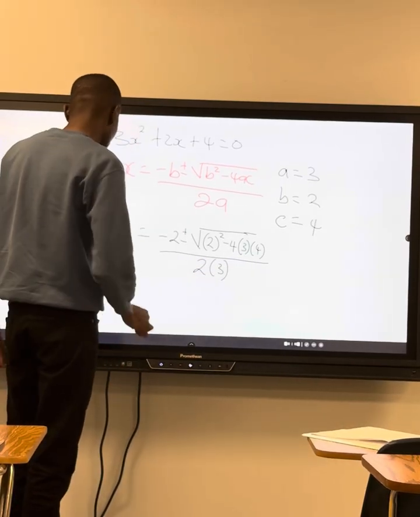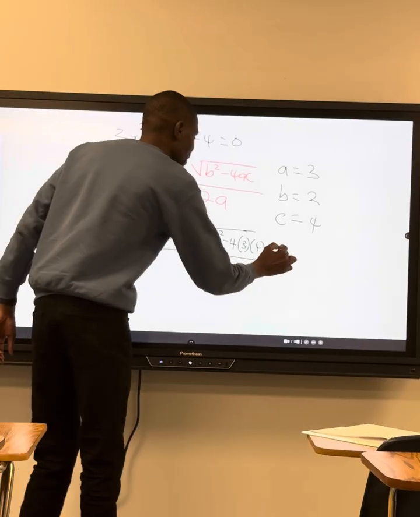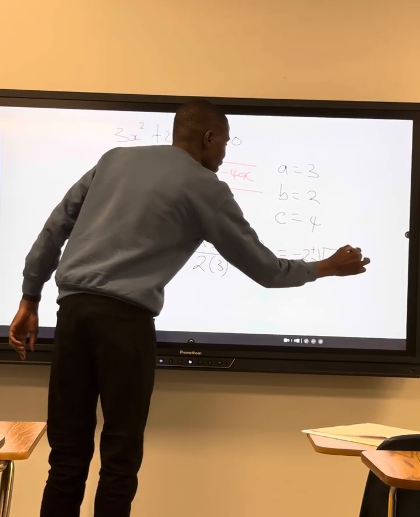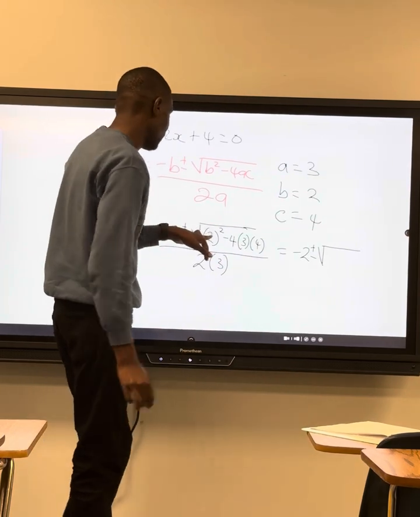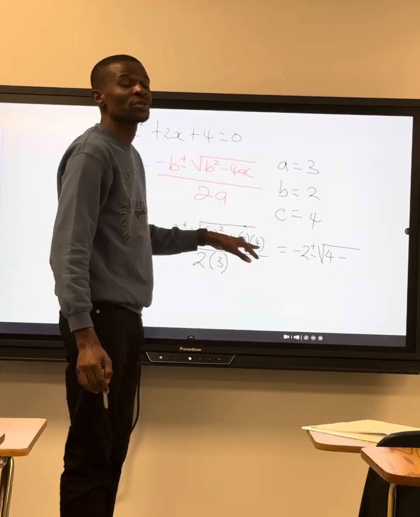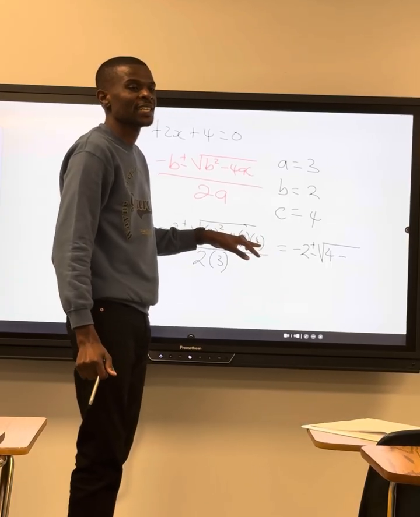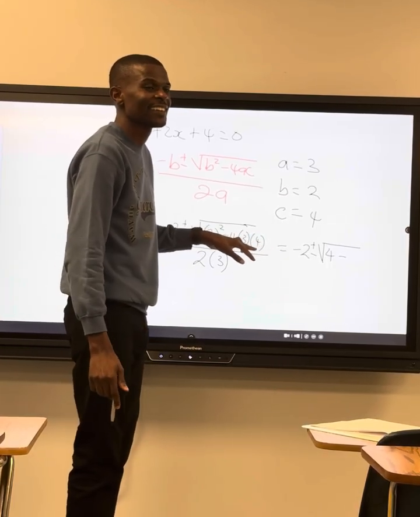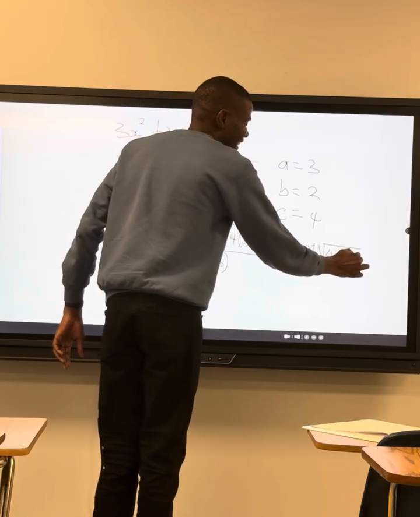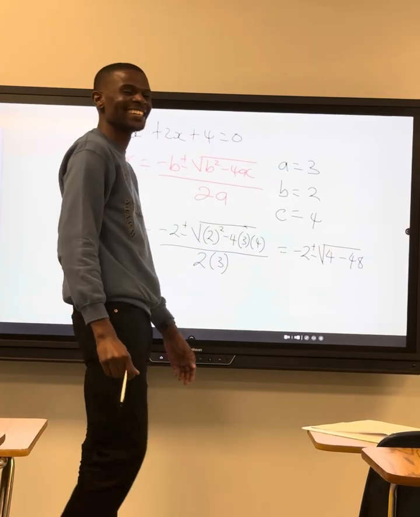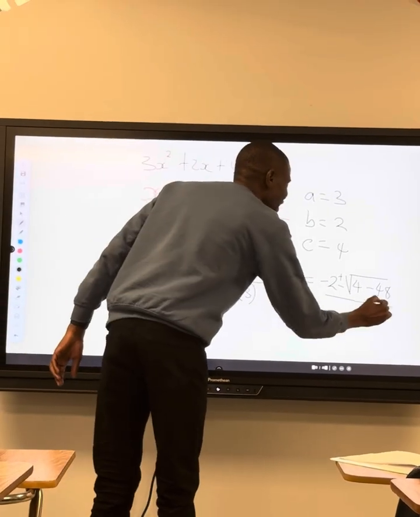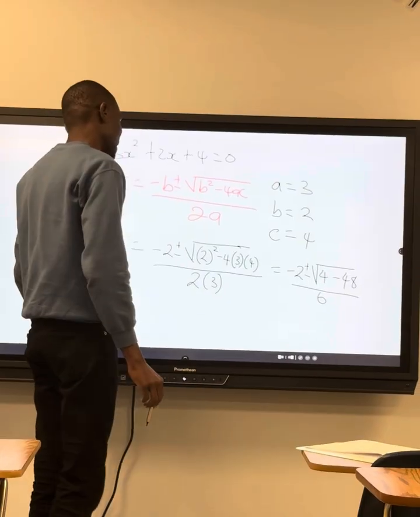Now this simplifies to -2 plus or minus the square root of 4, subtracting 4 times 4, which is 16. What is 16 times 3? That's 48, all over 6.